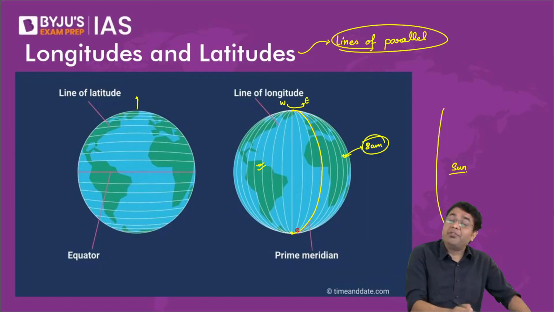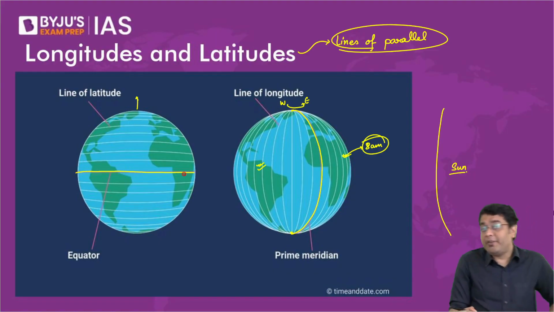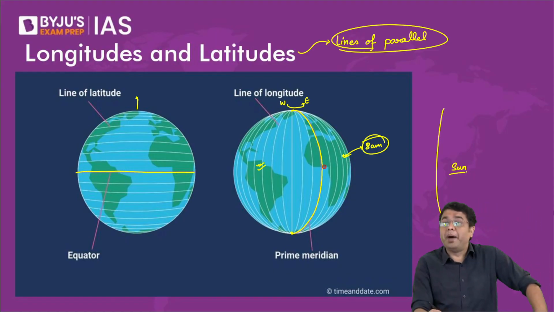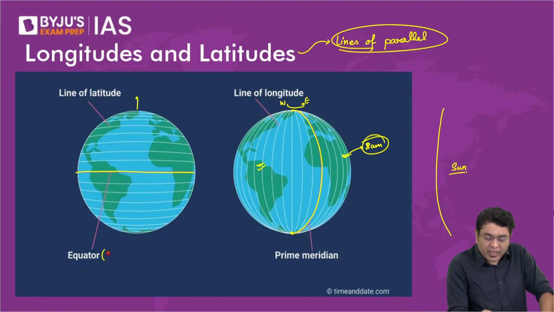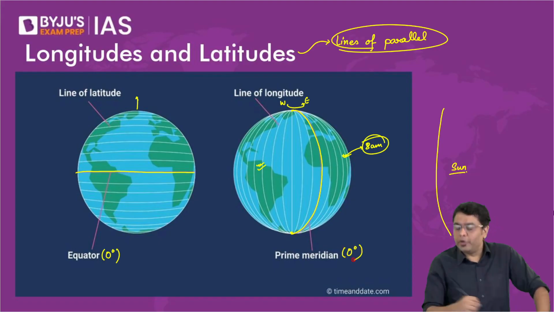Here you have the largest circle at the center, that is chosen as the latitude of reference. These are named as 0-degree latitude and 0-degree longitude.